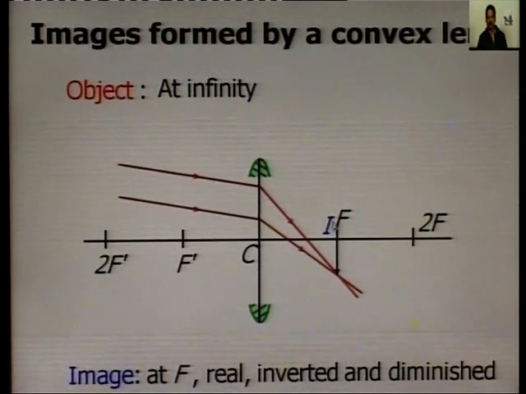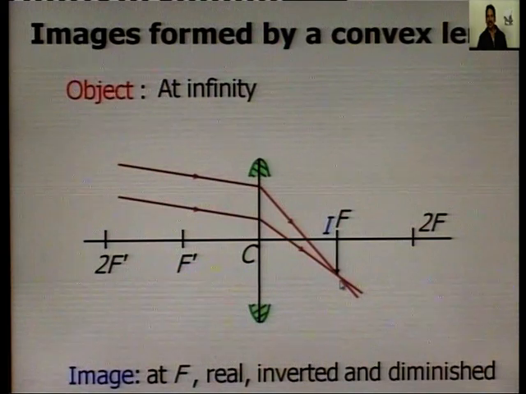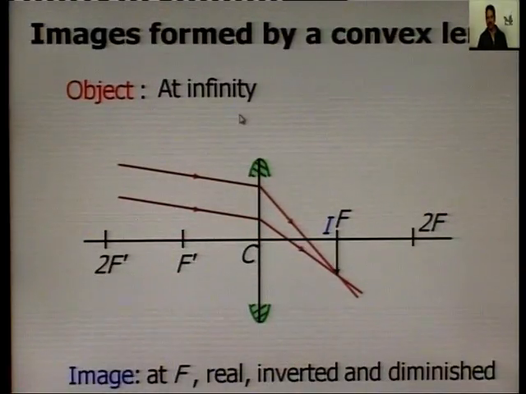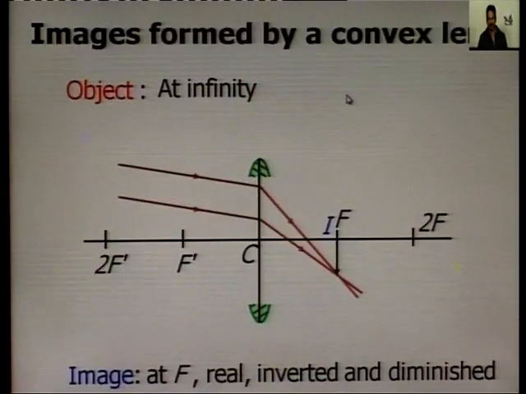So, the image formed will be real as the rays of light are actually meeting at this point, and the image formed will be at f, real, inverted and diminished. So, this is the case when the object is at infinity.